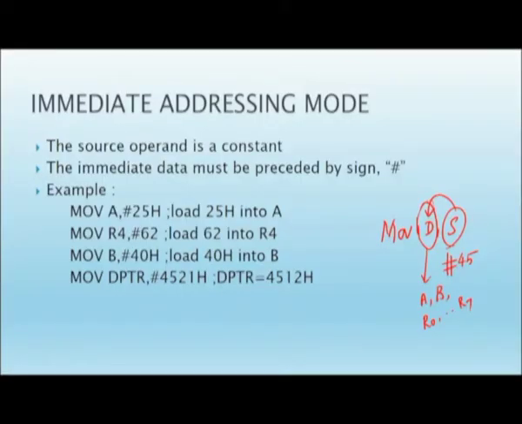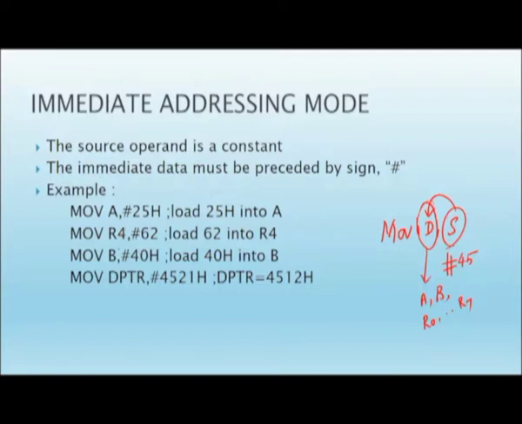Suppose you take the example MOV A, #25. The #25 represents a constant value in the source, so you can directly say it is immediate addressing mode, and the given value 25 is loaded in the accumulator. In another example, the given data 64 is moved to the R4 register, and that is why it is immediate addressing mode.